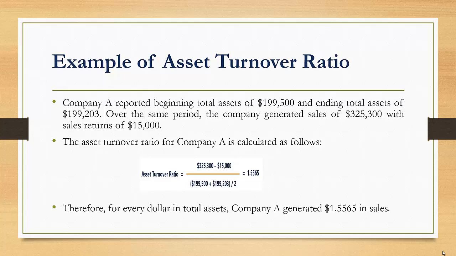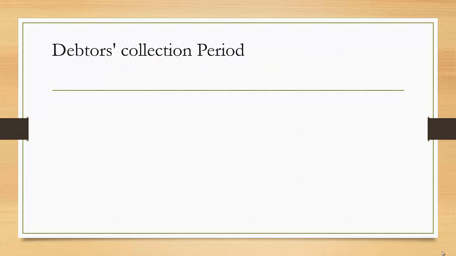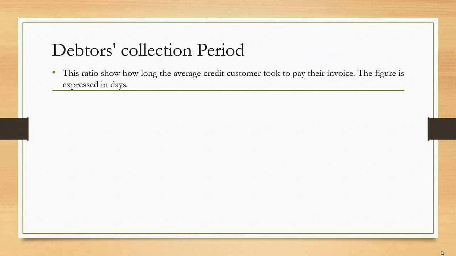Now, the interpretation is that for every dollar in total assets, company A generated $1.5565 in sales.